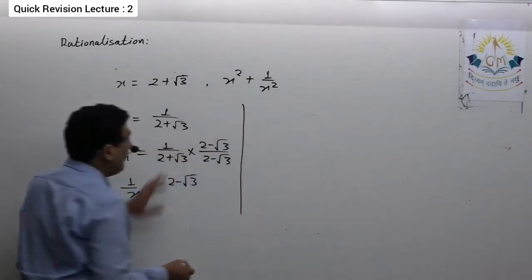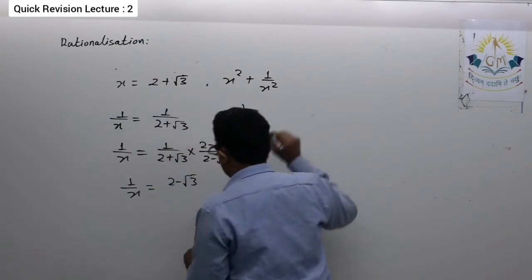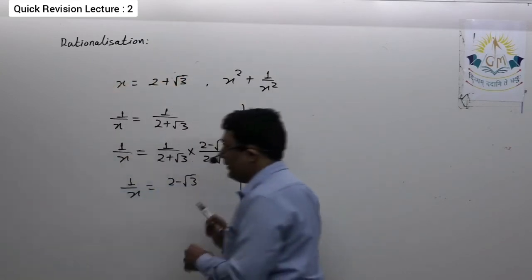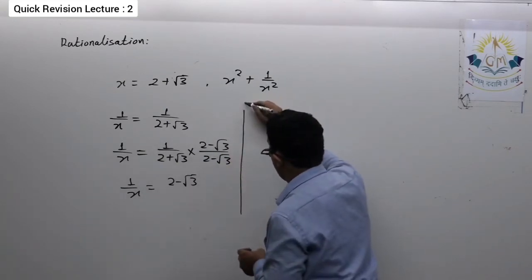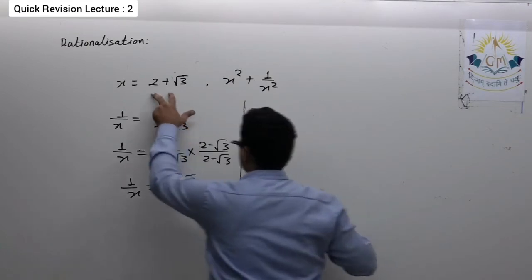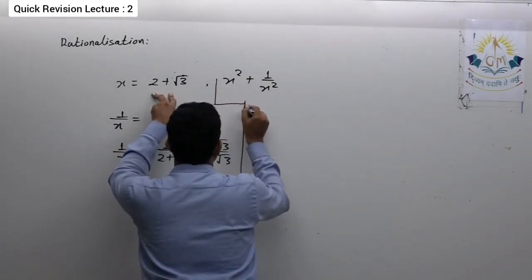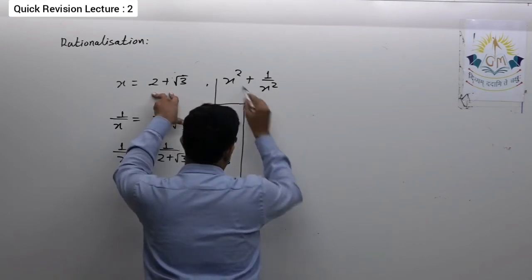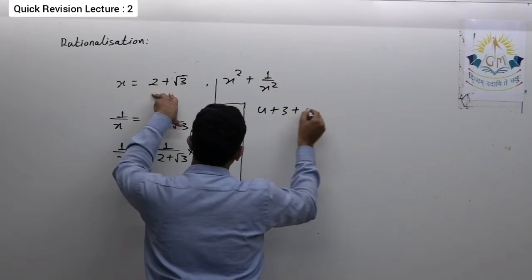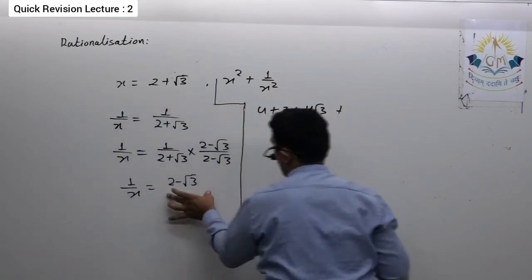Now here you have to find x square plus 1 upon x square. See, I'm giving you the revision, so I will definitely make it a little bit faster. Simply now here you have to apply the identity of a plus b whole square. So this gives you 2 plus root 3 whole square, that is 4 plus 3 plus 4 root 3, and 1 upon x whole square, that means this square.